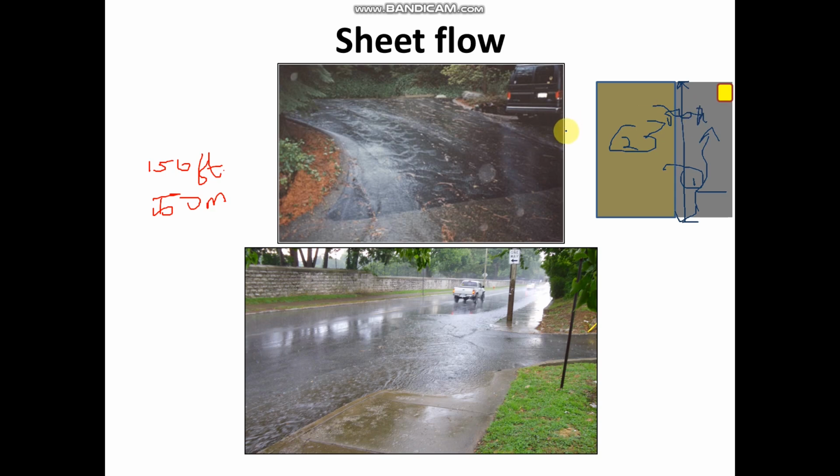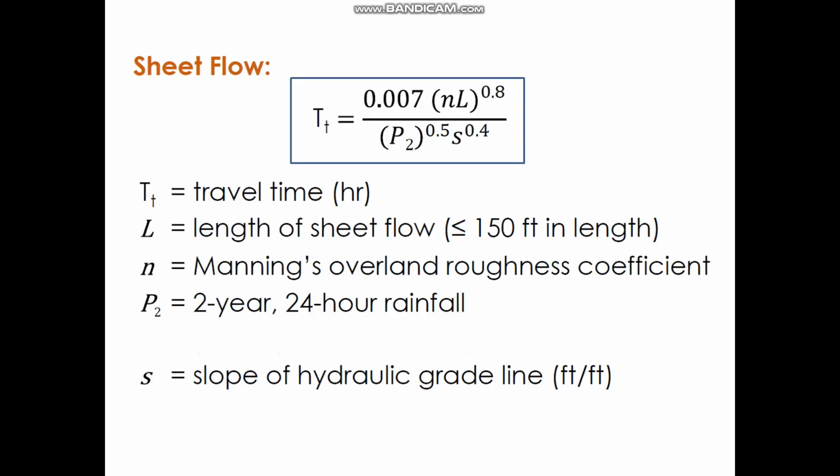Okay, in the next slide I will show you the formula to calculate the travel time of sheet flow. So this is the formula to calculate the sheet flow travel time, where L is the length of the sheet flow, as I mentioned earlier, less than 150 feet.